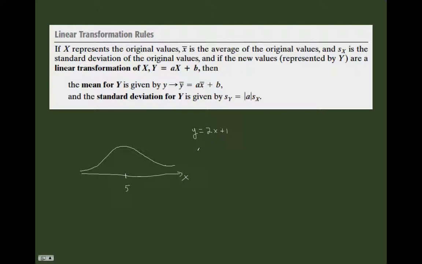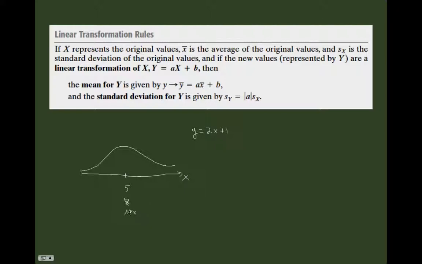I'm drawing this like it's mu, but the book is using x bar, which is a little tricky for how I'm trying to describe this, because really what I'm talking about is our population. So I'll stick with mu sub x.